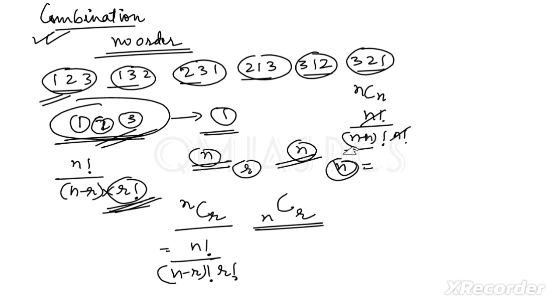This is 0 factorial, and I have told you this is 1. So completely your value will be 1. So nCn value is 1. That's why I was saying, when we are taking all at a time, the number of combinations will be 1. Got it?